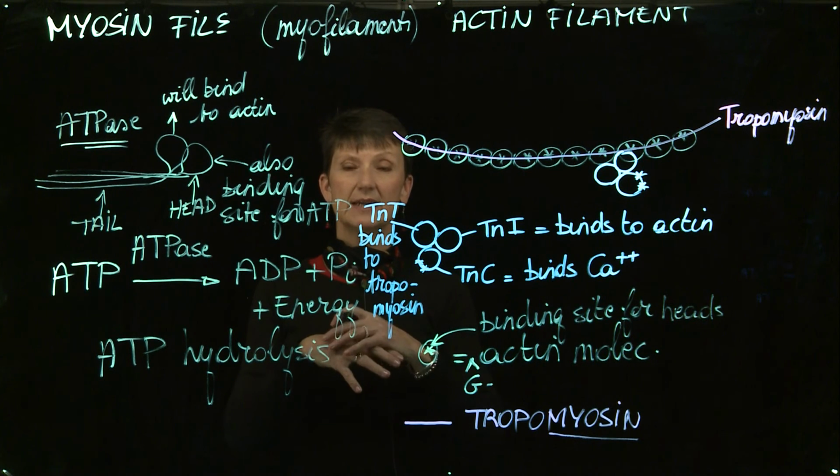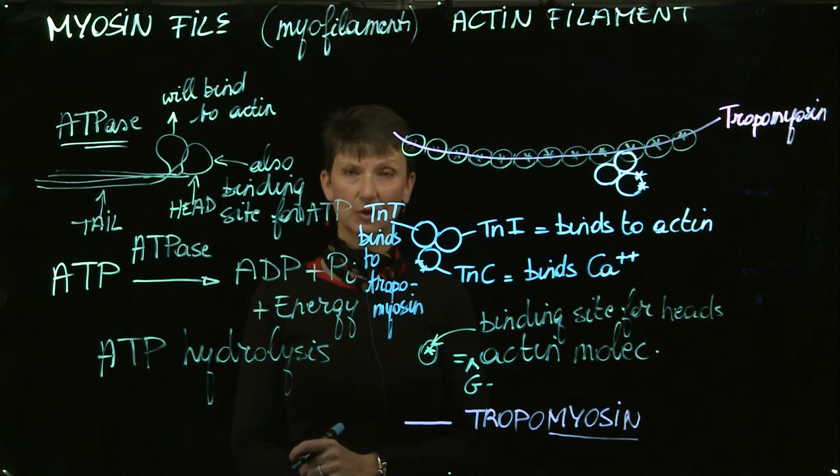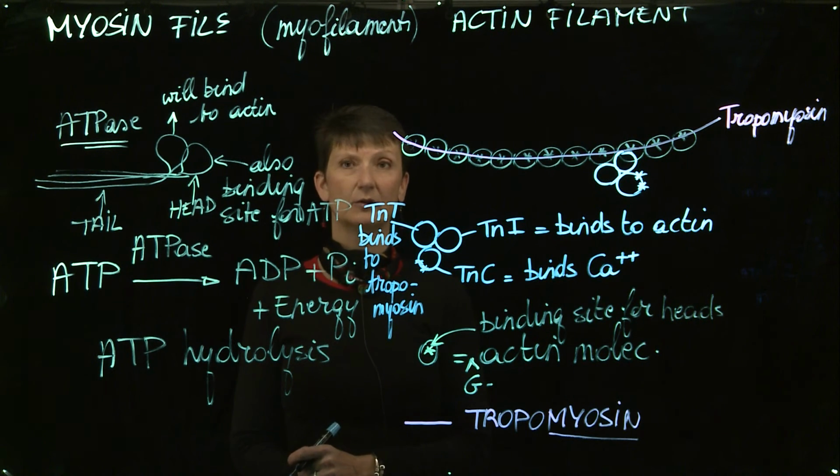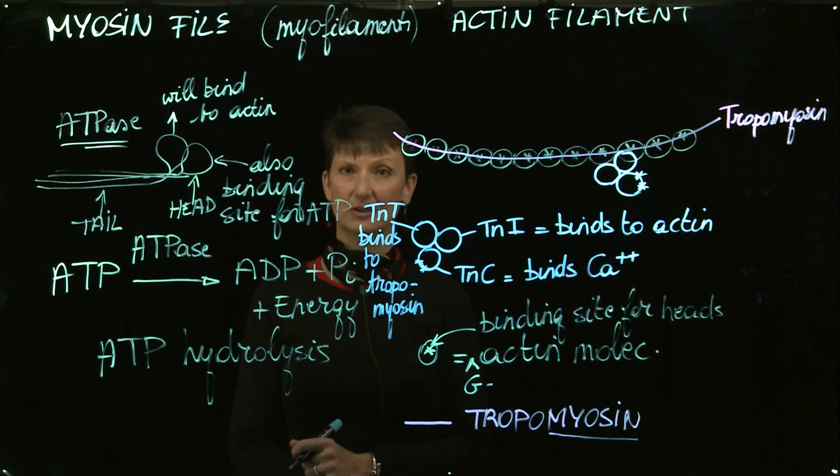So in other words, in the membranes of the terminal cisternae, we see calcium ion channels, and they will be triggered to open in response to the arrival of what is better called the action potential.